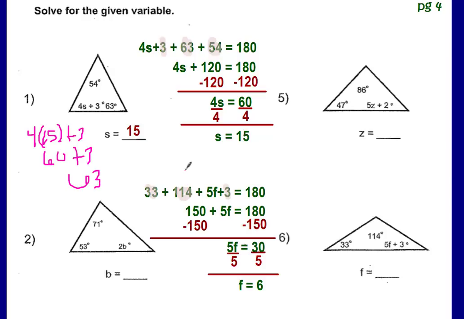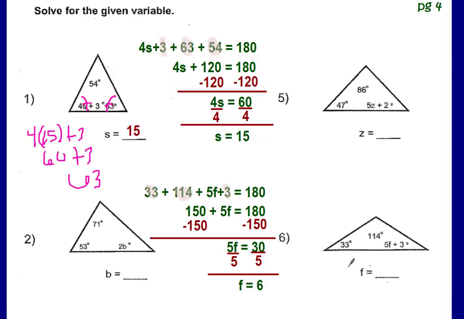Sorry, I can't write very well with the mouse. So if this angle is 63 degrees and this one is already 63 degrees, then they are congruent, which means I have two sides that are congruent, so this would be an isosceles triangle.